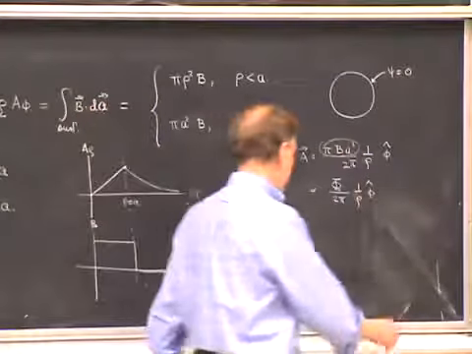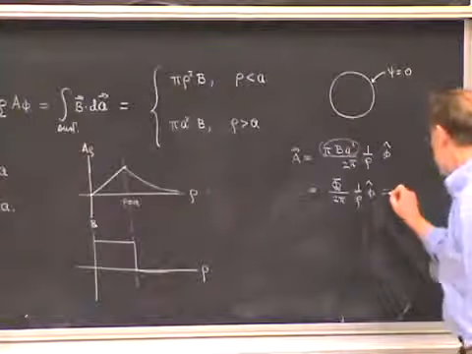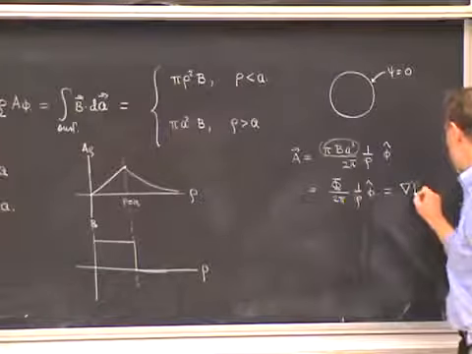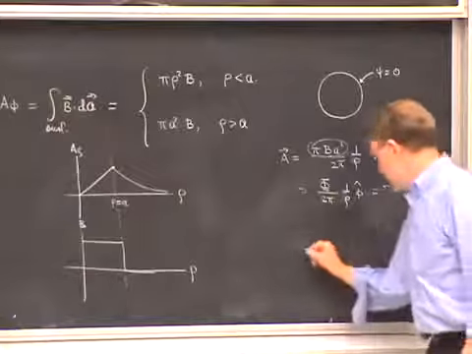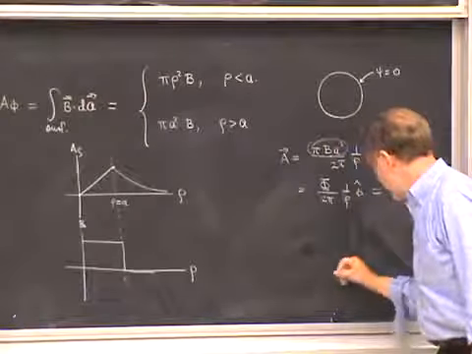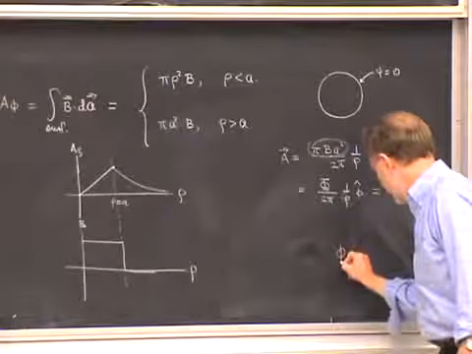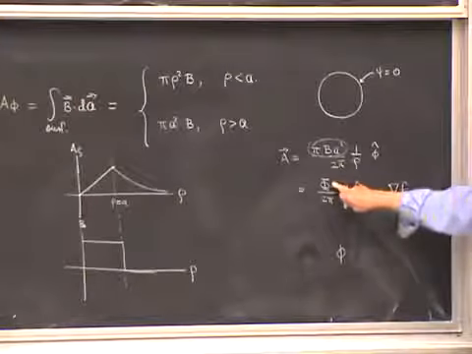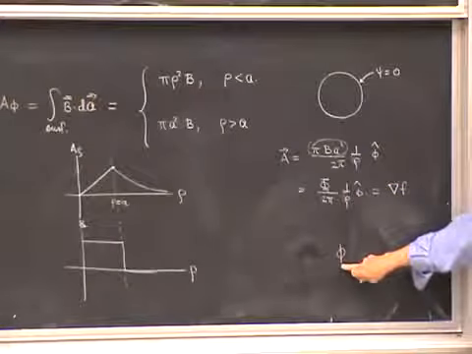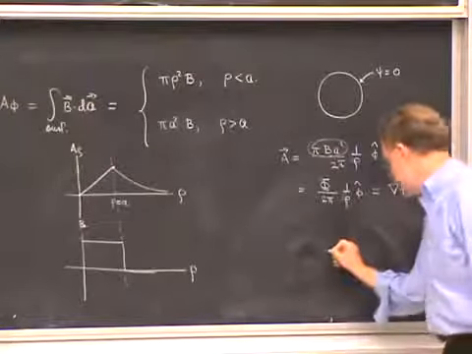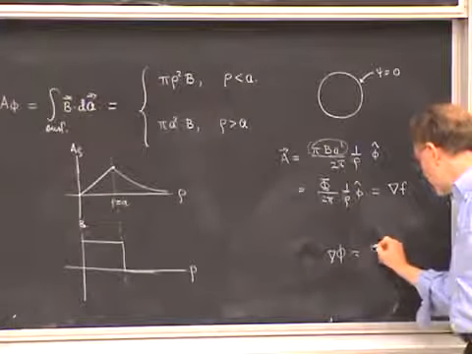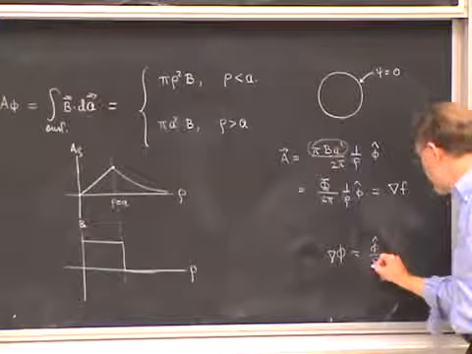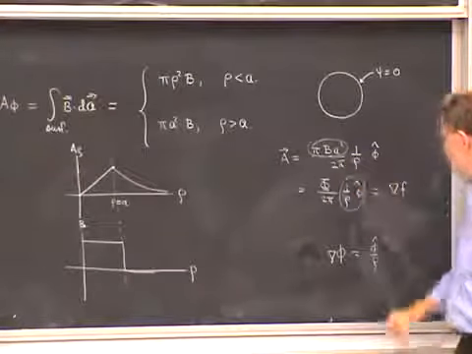It can be eliminated by a gauge transformation. That means it must be equal to the gradient of some scalar f. And what is that scalar f? Well, the scalar f is proportional to the azimuthal angle phi. Don't confuse the magnetic flux capital Phi with the azimuthal angle phi. If you compute the gradient of phi, just do it in cylindrical coordinates, you'll find it's equal to phi hat divided by rho, which is precisely what we had here.